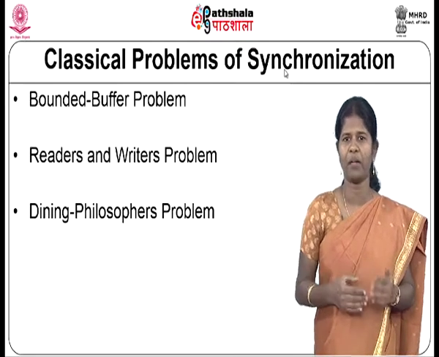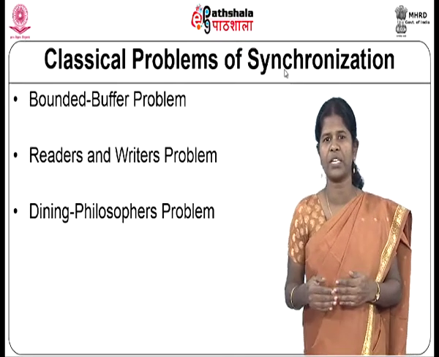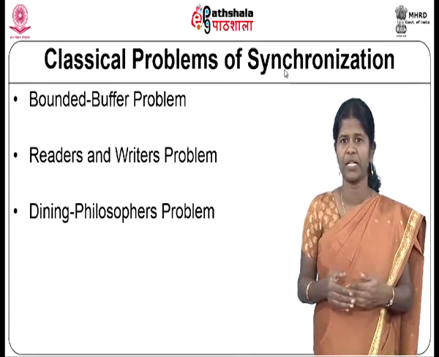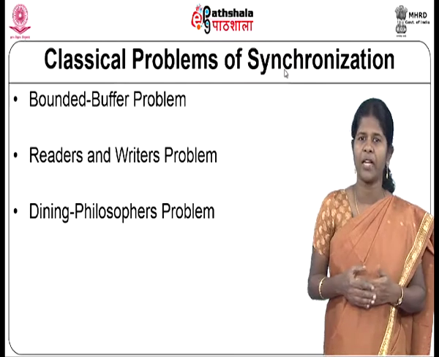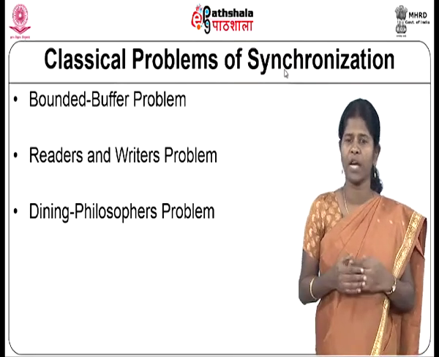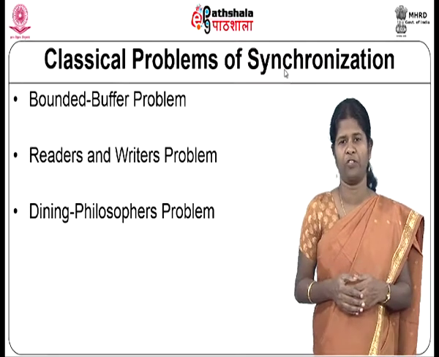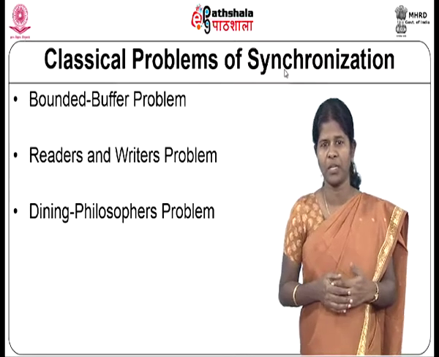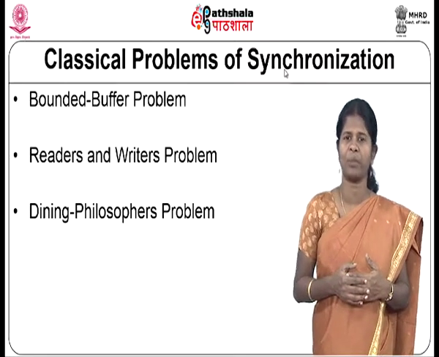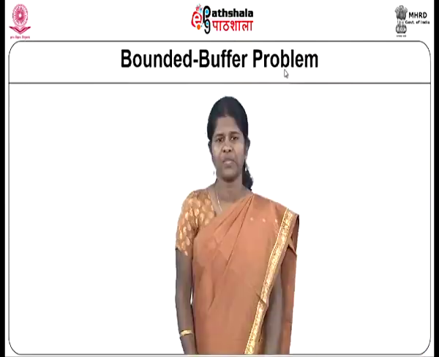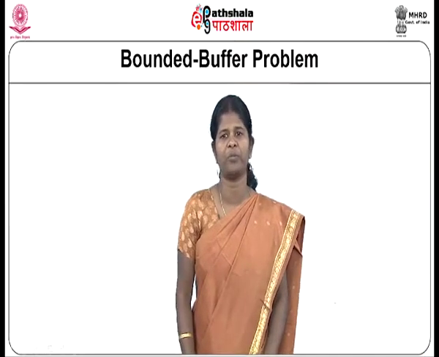Whenever a new solution to a synchronization problem is devised, they try to apply it on these classical problems and check if the solution works well. If it is working for these problems, then it should be able to apply to many other kinds of problems as well. So, first we will learn about the bounded buffer problem.